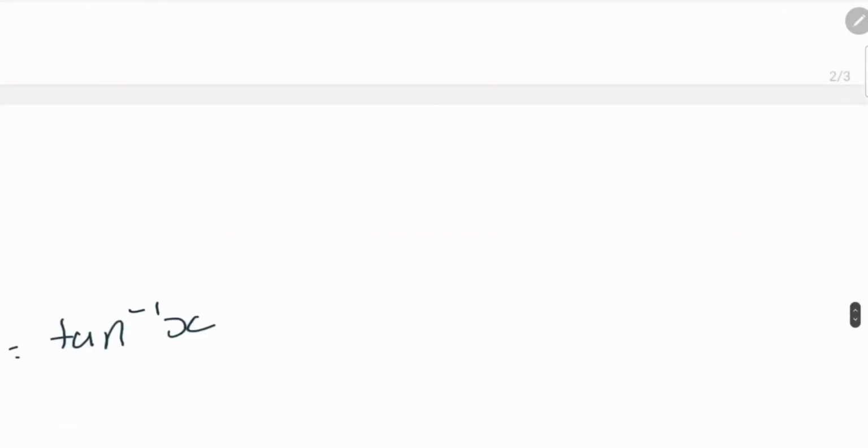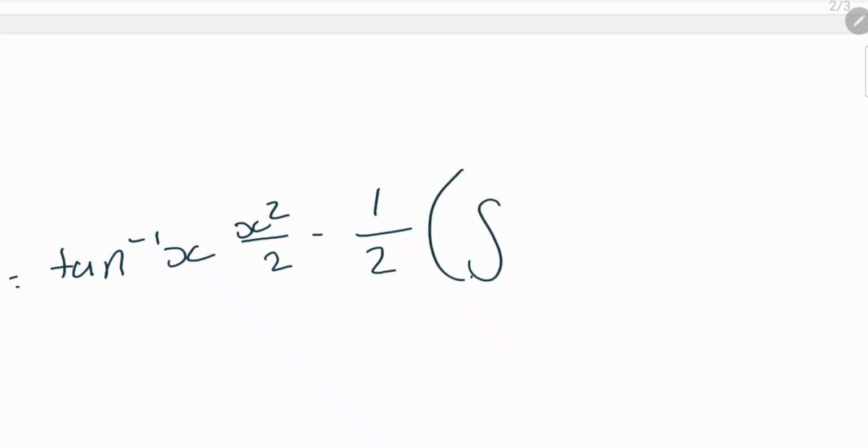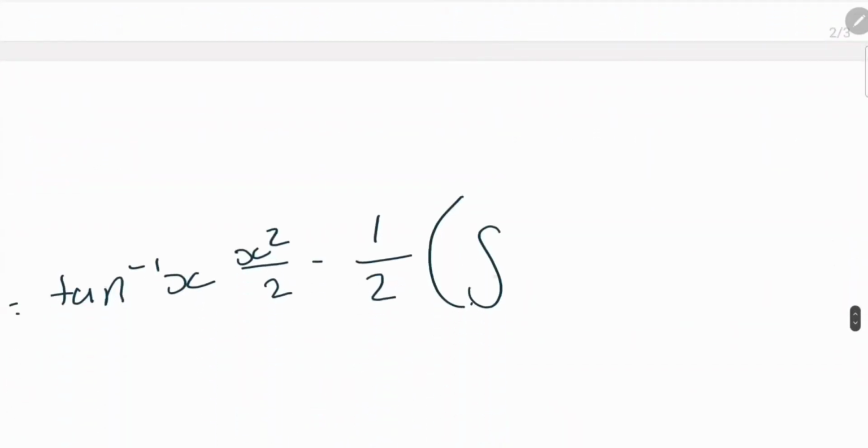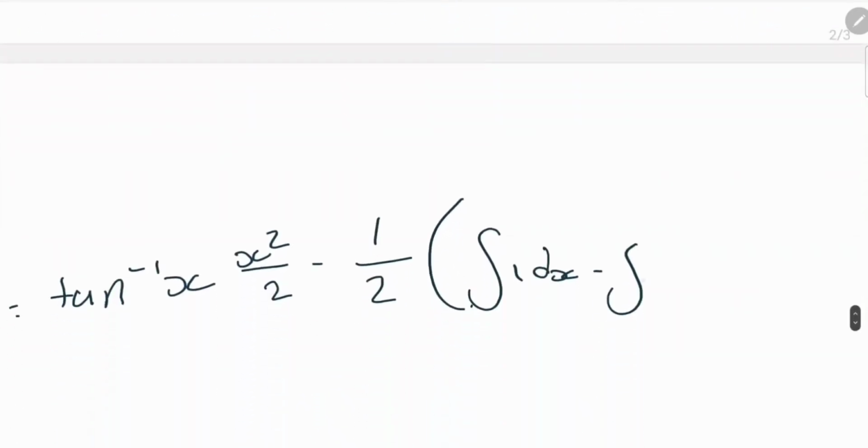Equals tan to the negative 1 x, and x squared over 2 minus 1 over 2, right? Integral of 1 dx minus the integral of 1 over 1 plus x squared dx.